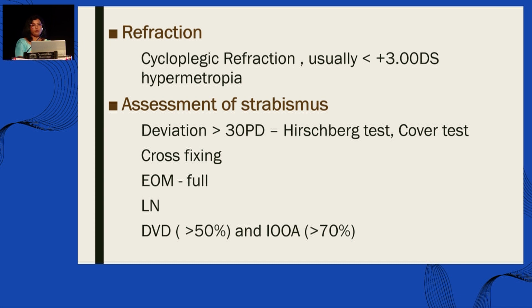Usually extraocular movements are full, but sometimes with cross fixation you may see an abduction deficit, which you can elicit with patching of one eye or doll's eye movements. It can also be associated with latent nystagmus and DVD in more than 50% of children, and inferior oblique overaction in more than 70%. In the very early stage, you may not see DVD and inferior oblique overaction, which develop later.